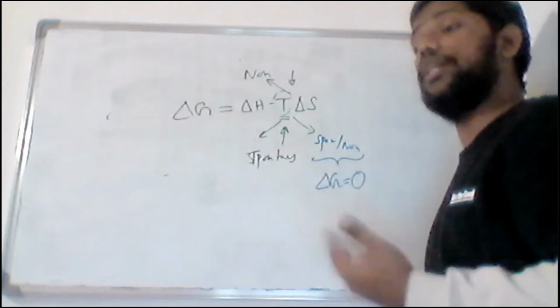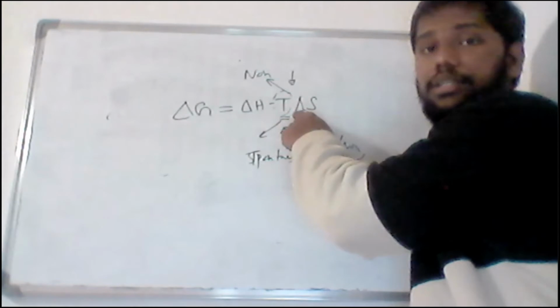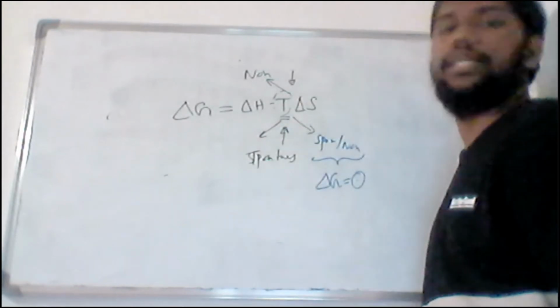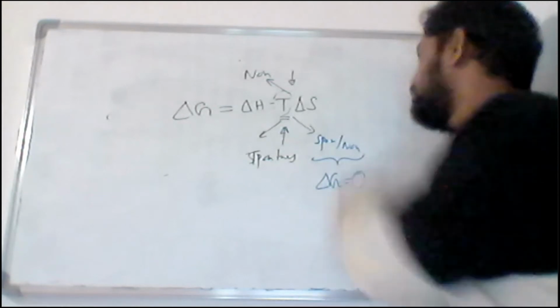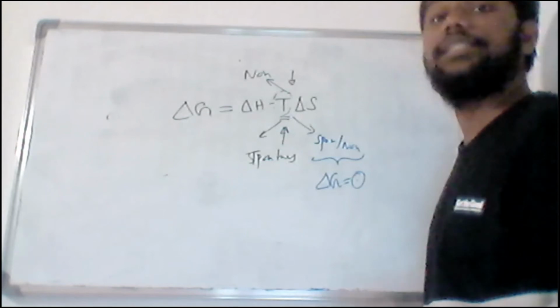So how do we determine whether delta G is positive or negative? Based on the temperature. That is what they have given. At some temperature, greater than that it is spontaneous, less than that it is non-spontaneous. So this gives you the idea that at this temperature, delta G is 0.